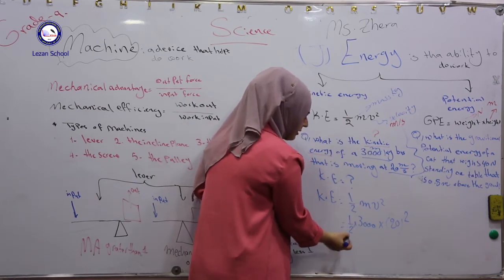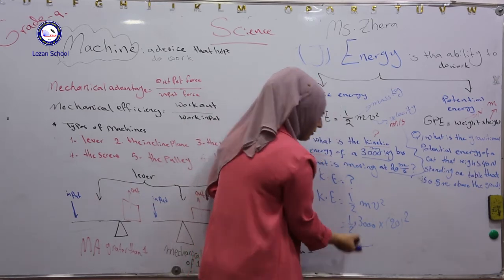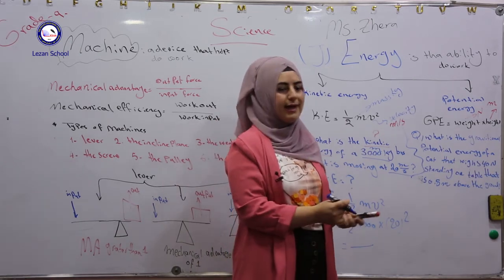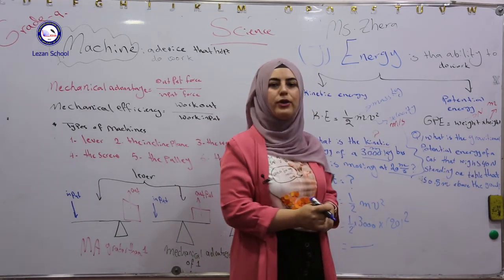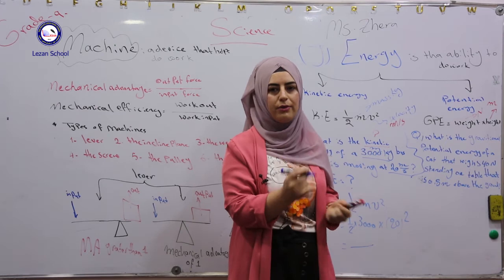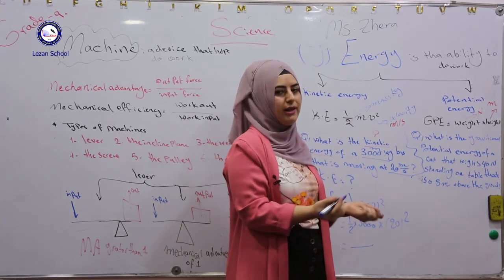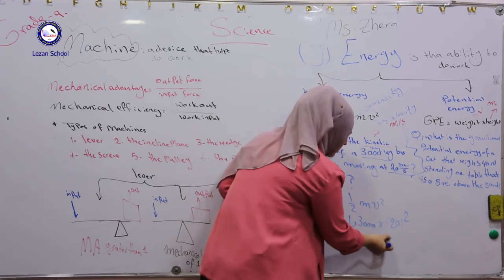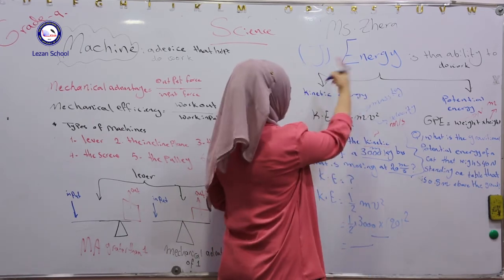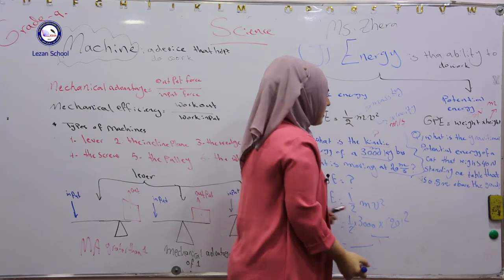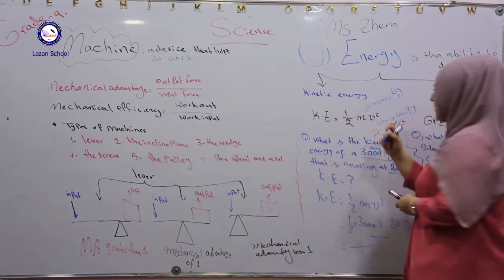You find the result, and the result is not as important as the unit. If you don't write down the unit, I can't know what it is about. This is the result we got, only the number. So write down the unit for measuring energy, joule, capital letter J. So this is about the kinetic energy question.